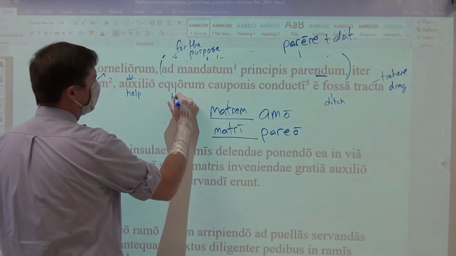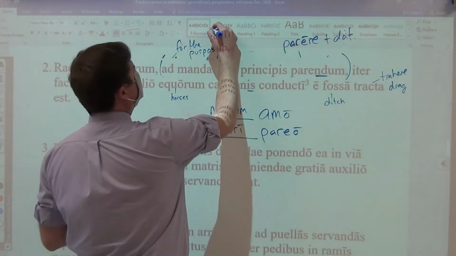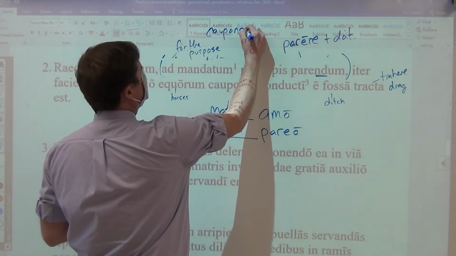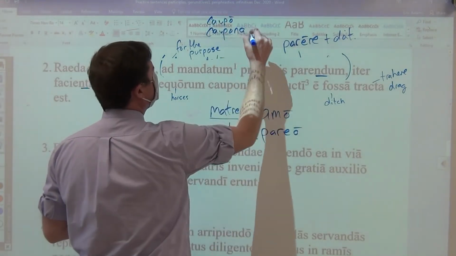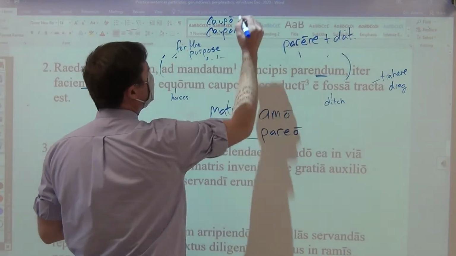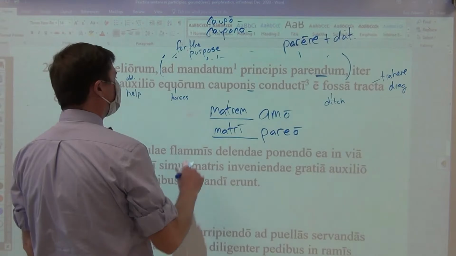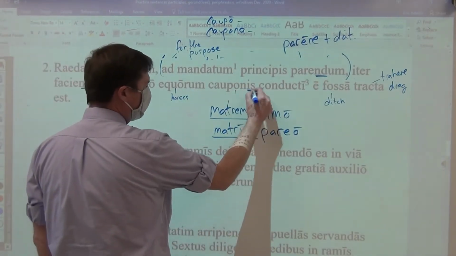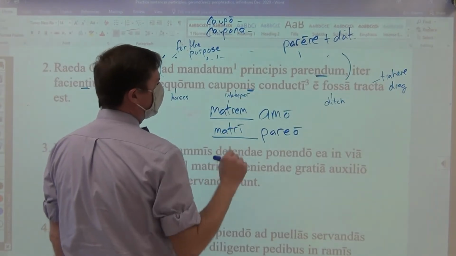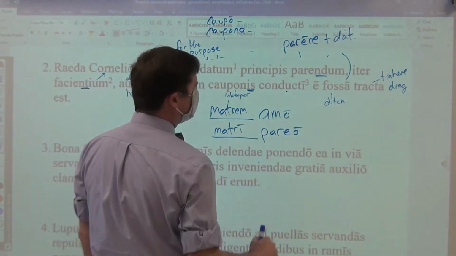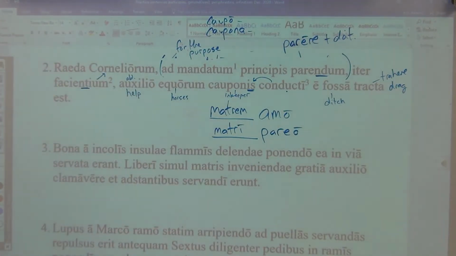Obviously, equorum, horses. The caupponis. Now, a caupona is an inn, but a caupo is an innkeeper. First declension, third declension. Third declension, short is. It's the innkeeper. The horse is genitive, and it is the innkeeper, conducti. A perfect passive participle telling you what kind of innkeeper.